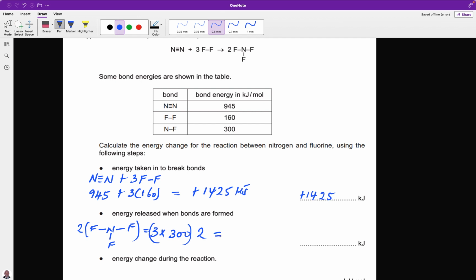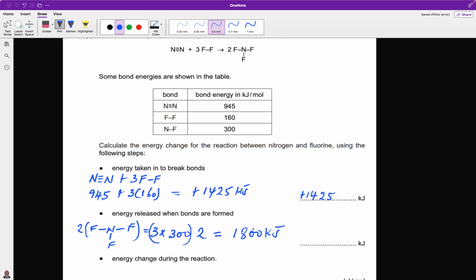And that will give us a total of 1,800 kilojoule.